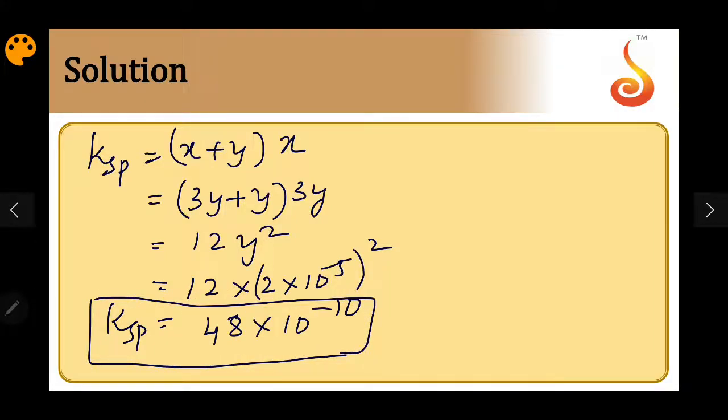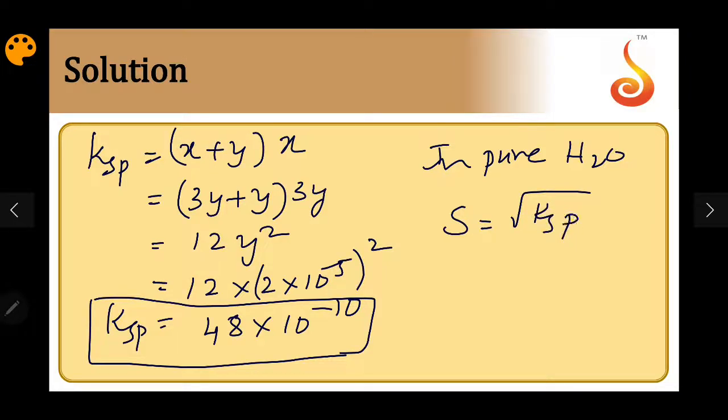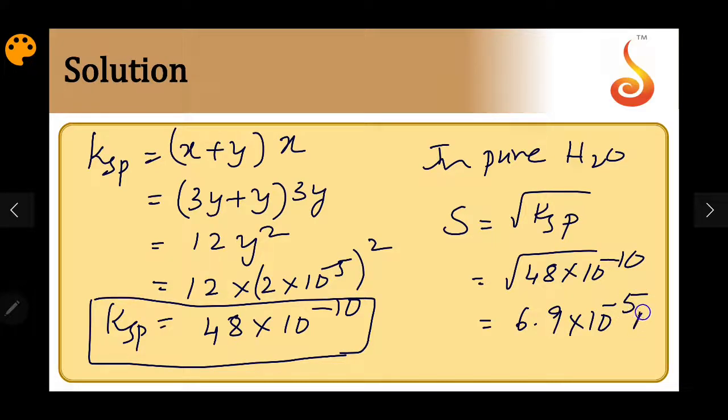So in pure water, solubility is equal to the root of Ksp. So root of 48 × 10^-10. Closely, 49 is 7 squared, so it may be around 6.9 × 10^-5 molar.